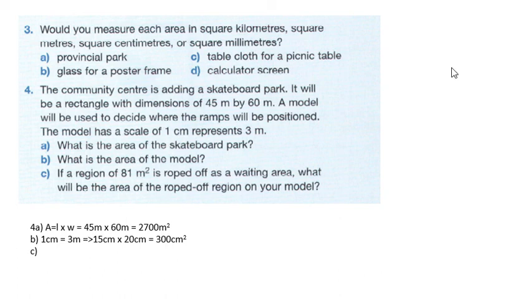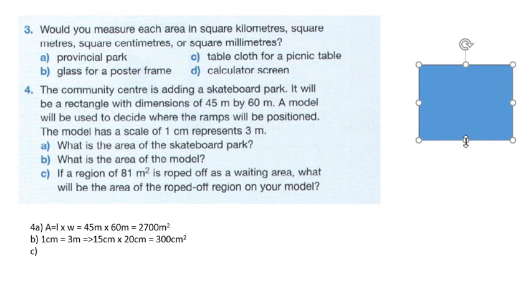So let's take our square here. That's a pretty accurate square. It's only a sketch. We don't have to make it too exact. So if this square here is 81 meters squared, we have to see what would the side lengths be for this. So our side lengths, let's put in some labels.